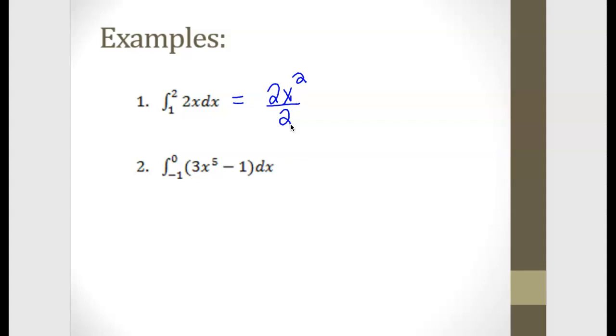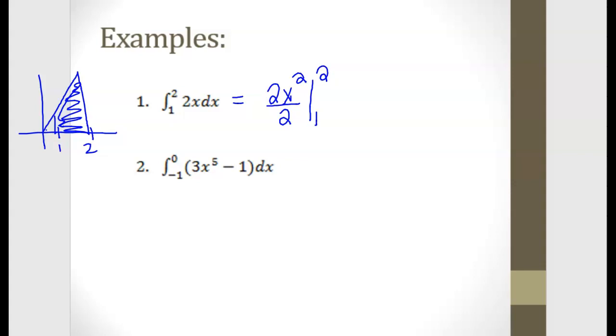And then what you have to do is put the evaluation bars. So we are evaluating x squared from 1 to 2. So what that means is if you were to graph 2x, you're finding the area under that curve from 1 to 2.